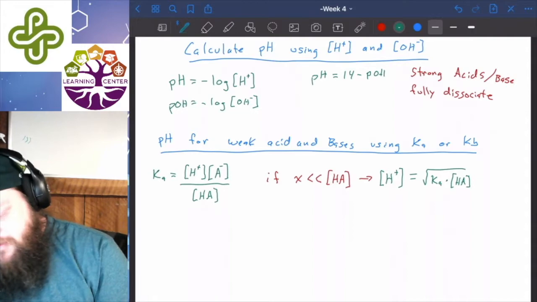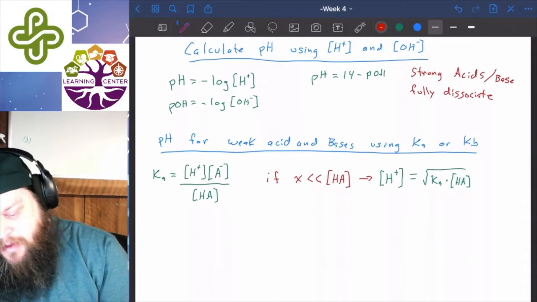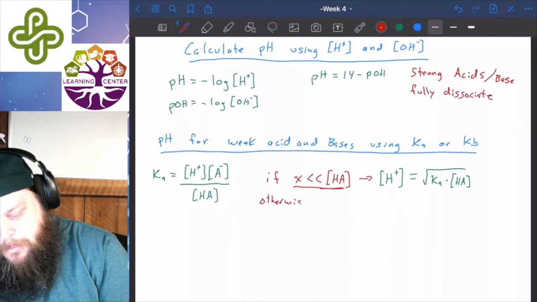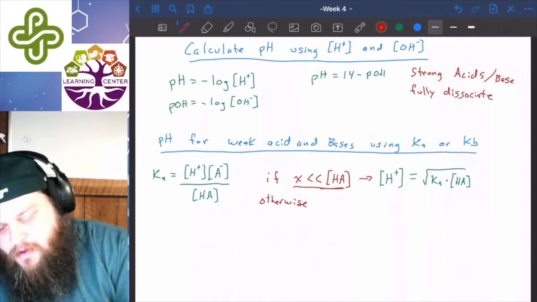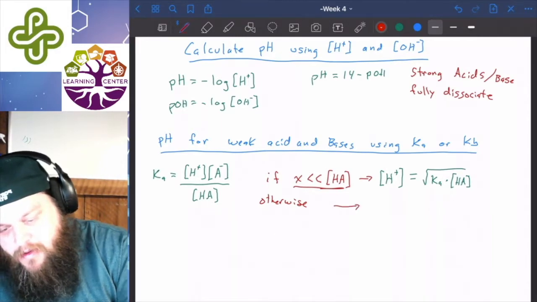Otherwise, if this isn't true, we can use the wonderful quadratic formula.